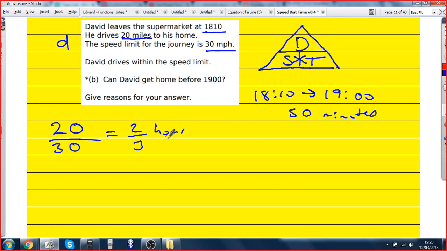This one down here is 2/3 of an hour. Work out what a third of an hour is. Yeah. What is that? So do 60 divide by 3 to get 20.